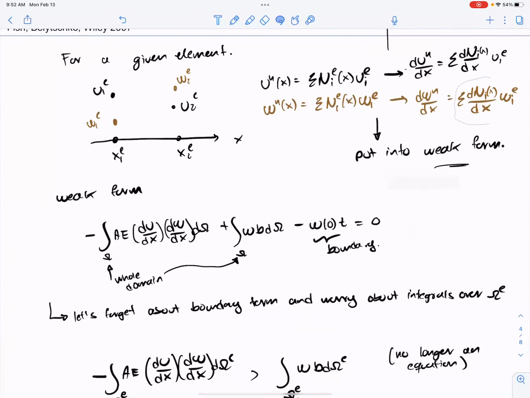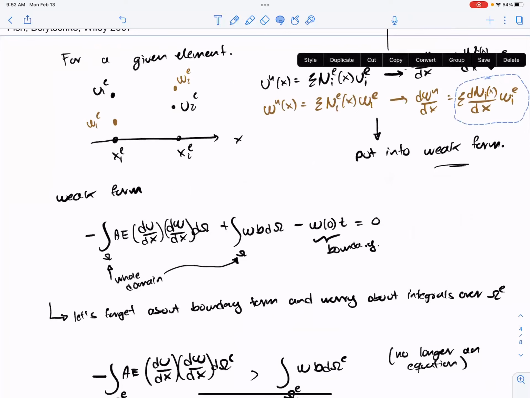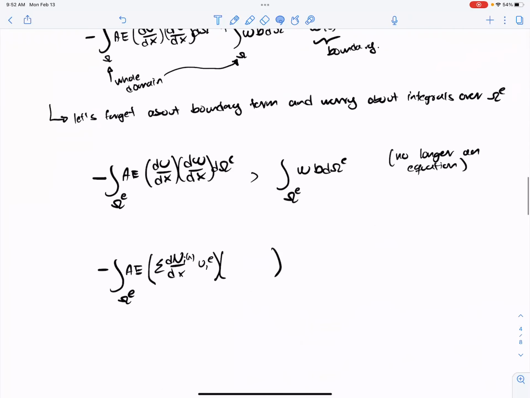The derivative of w with respect to x is also just the sum of the derivatives of the shape functions times the nodal values.